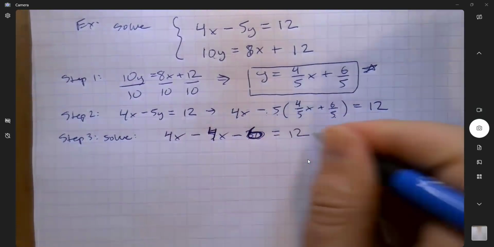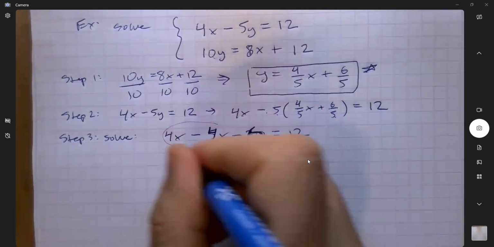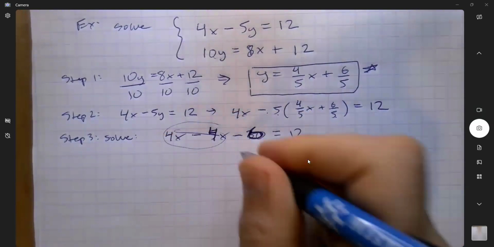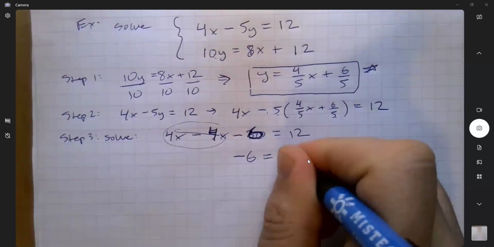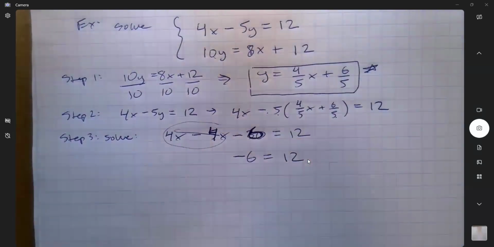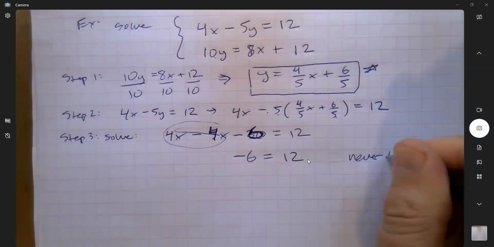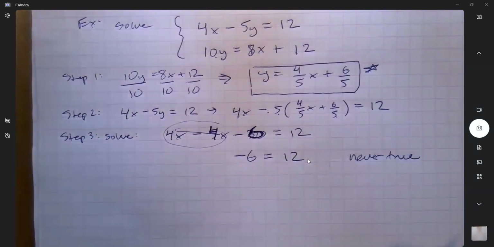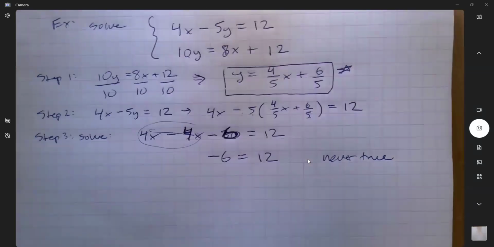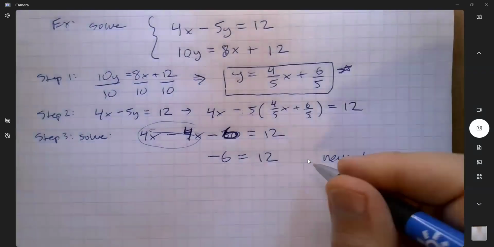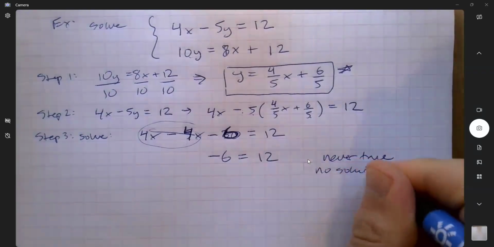And that's supposed to equal 12, but the x terms cancel, and I'm left trying to claim that negative 6 equals 12. This is never true. It doesn't matter what x and y I pick. Negative 6 will never equal 12, so there are no solutions.